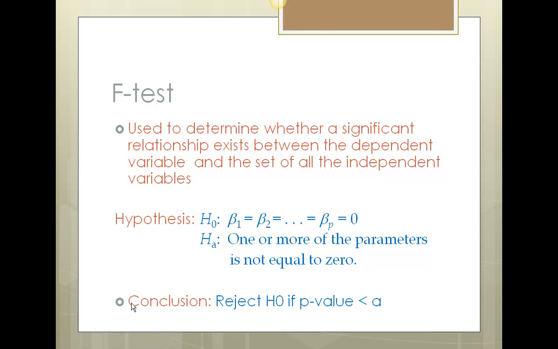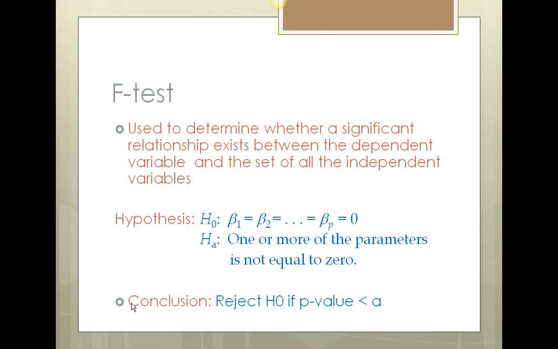The F-test is used to determine whether a significant relationship exists between the dependent variable, the y variable, and the set of all independent variables used. Last time in simple regression, we saw that our F-test and our t-test on our only independent variable gave us the same results. That's because there was only one independent variable. Here, however, since we have multiple independent variables, the results of our F and T tests can be different.